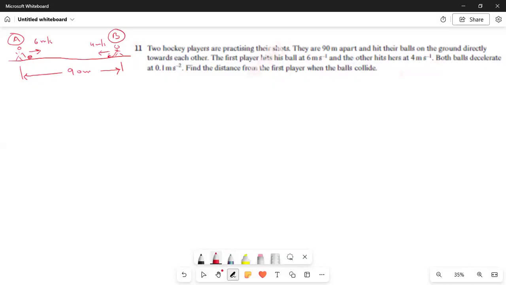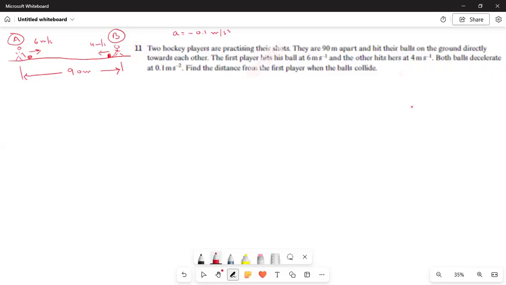Both balls are decelerating, so the acceleration is negative 0.1 meter per second squared. Find the distance from the first player when the balls collide with each other.